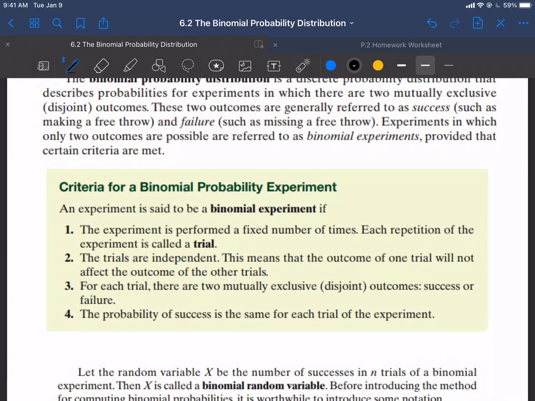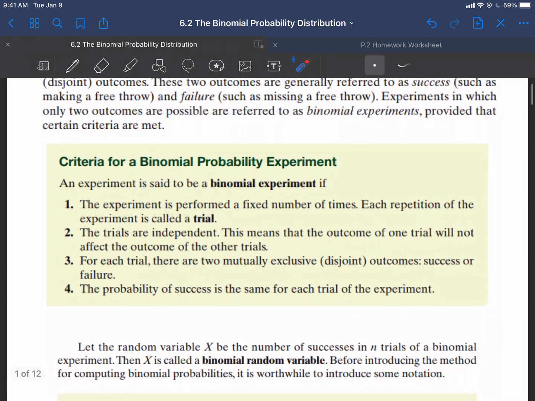The criteria for a binomial probability experiment has to meet these four things. The experiment has to be performed a fixed number of times, which are called trials. The trials must be independent, so the outcome of one trial will not affect the outcome of the other trials.